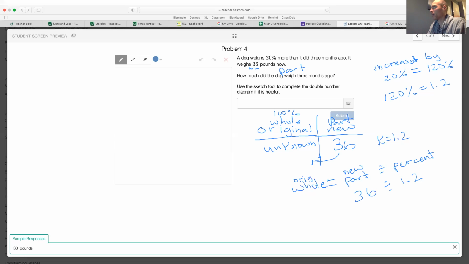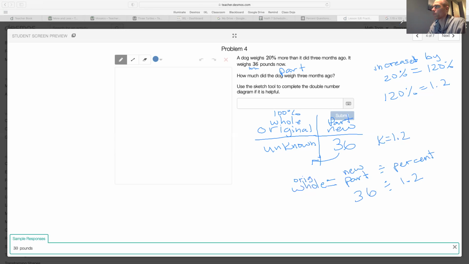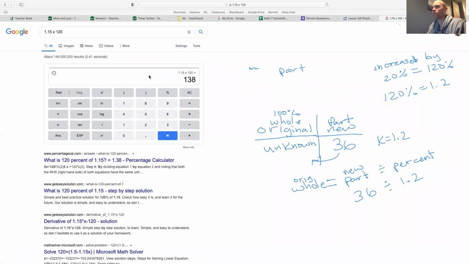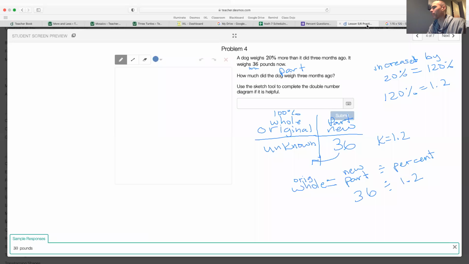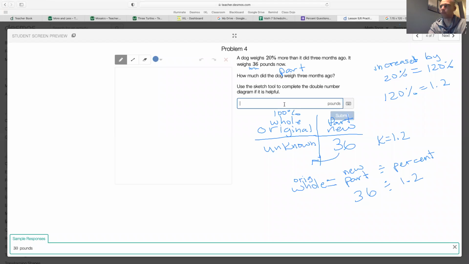And so let's see what that is. Looks like the dog used to weigh 30 pounds. And I'm not going to write pounds or anything like that because it already says that in here.